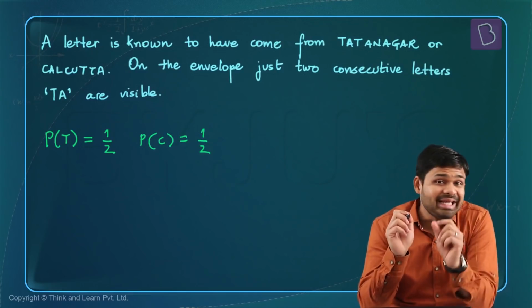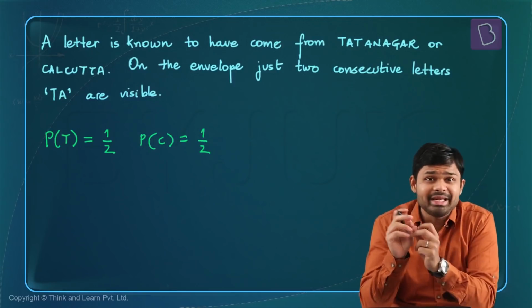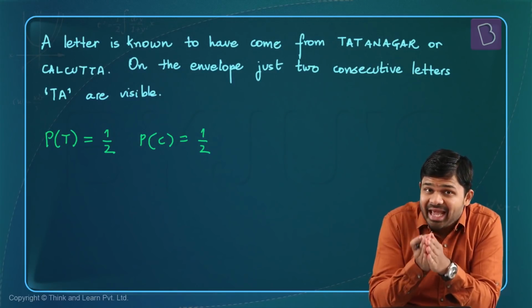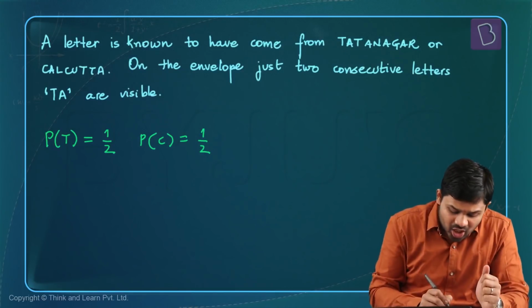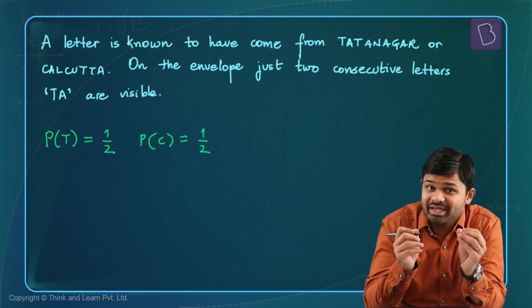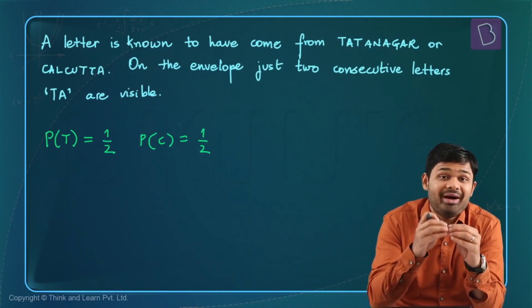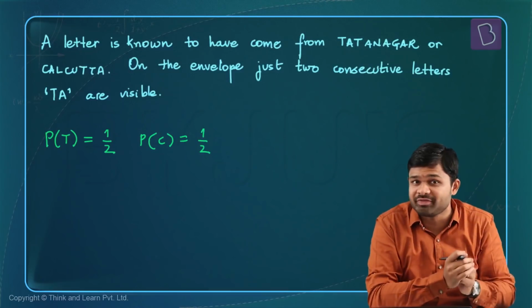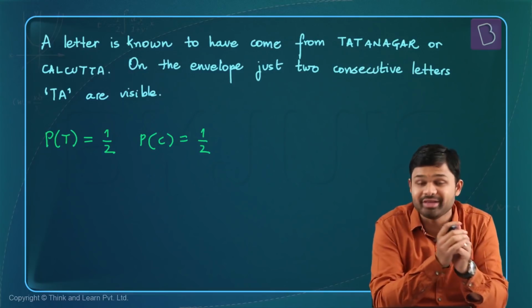Now, TA is visible on the envelope. What is the probability that TA is visible given that the letter has come from Tatanagar? Well, consecutive letters. There are 9 letters in Tatanagar, which means you have 8 pairs of consecutive letters, isn't it? There is TA, AT, TA, AN, so on all the way till AR.